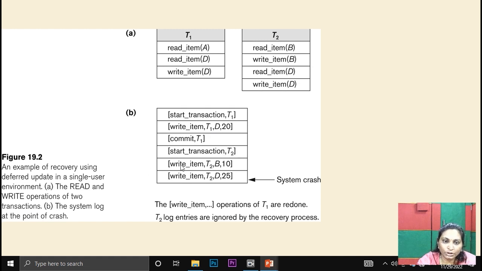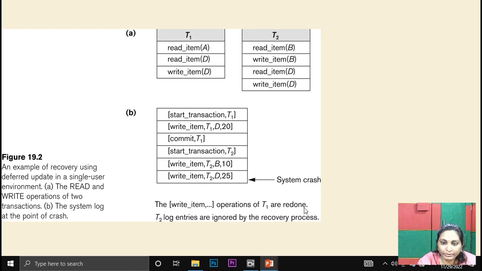Now the start of transaction T2: write atom T2 with the value of B 10, and write atom T2 with the value of D. Transaction T1 had updated D to 20, so T2 gets the value 20, adds 5 to it, and D becomes 25.